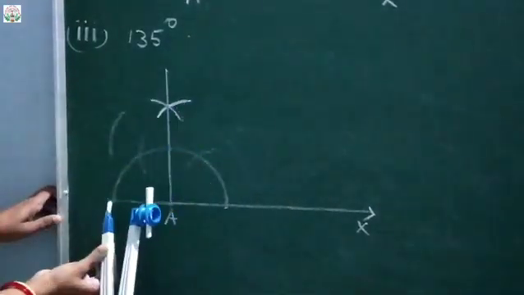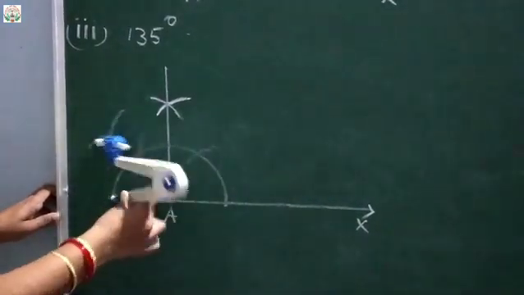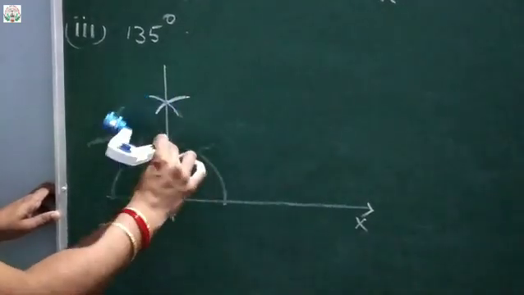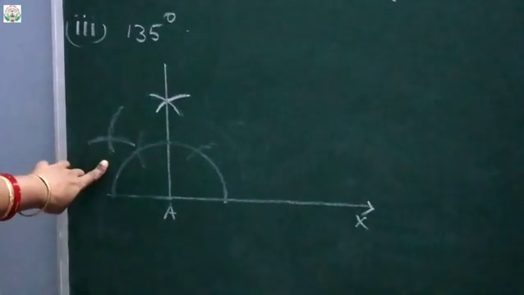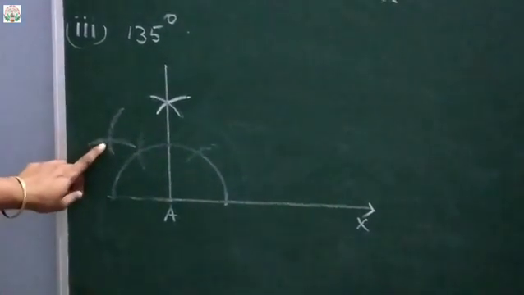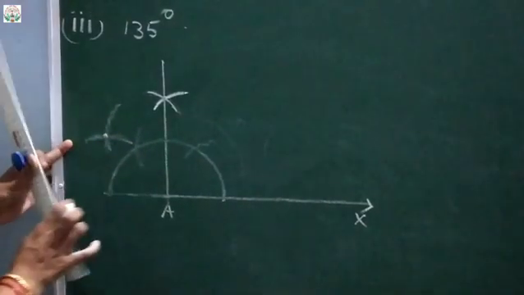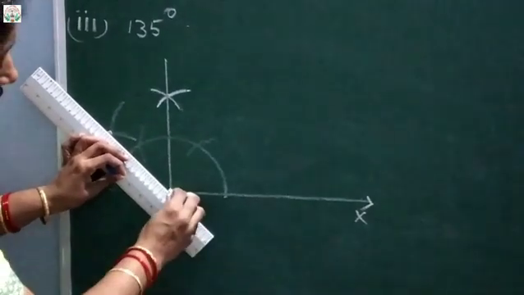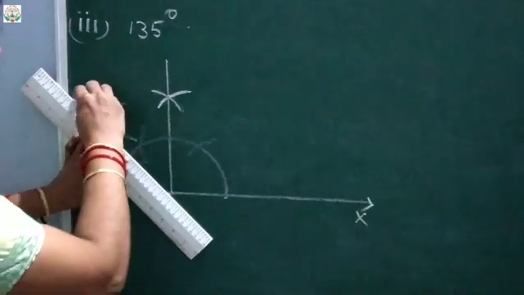And at 180, this is 180, draw an arc likewise. Wherever the intersection takes place, this is 135. You can see here, this point is our 135. So join it with A, the initial point. Likewise join it.